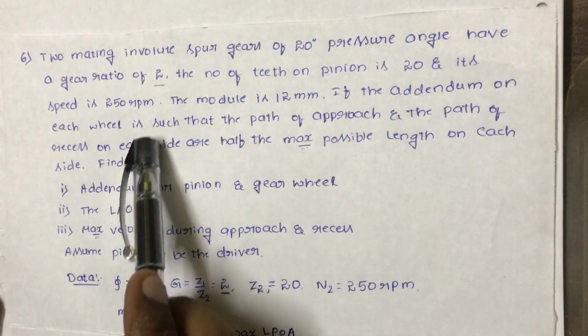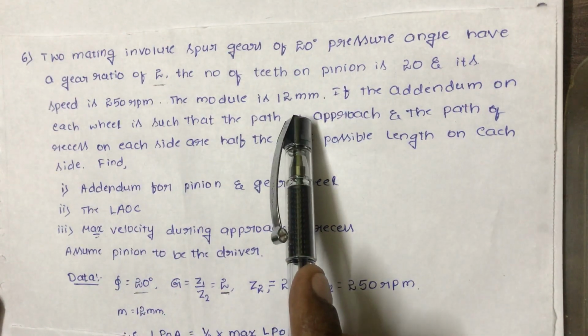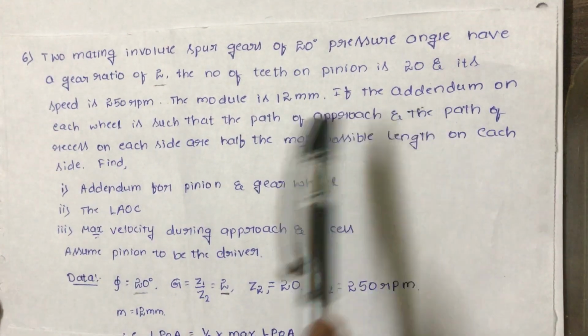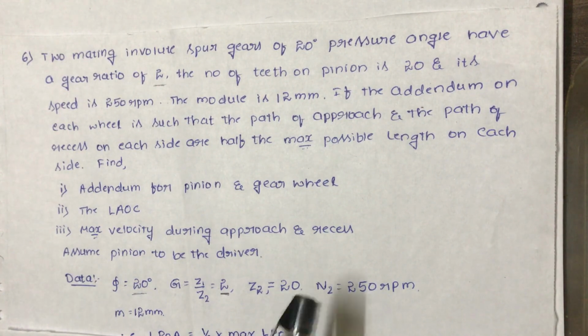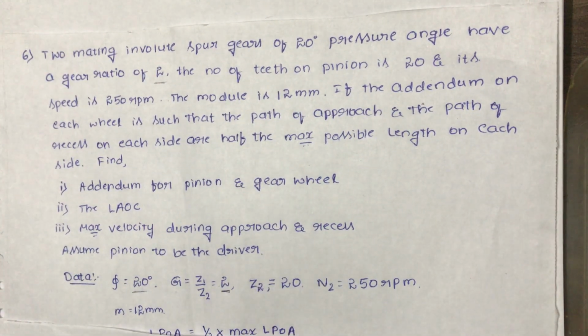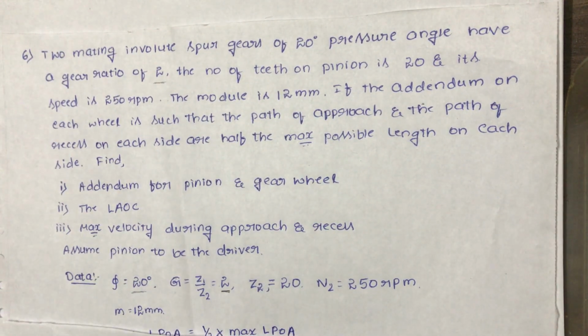So by using this information, I need to find out the addendum, that is A. The question is, do I need to find one addendum or two addendums? I need to find two addendums because he never mentioned it's a two equal spur gear set. So there are two different types of gears having different diameters, so that is why you need to find two addendums.